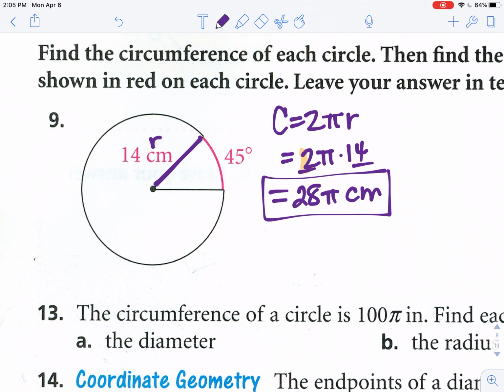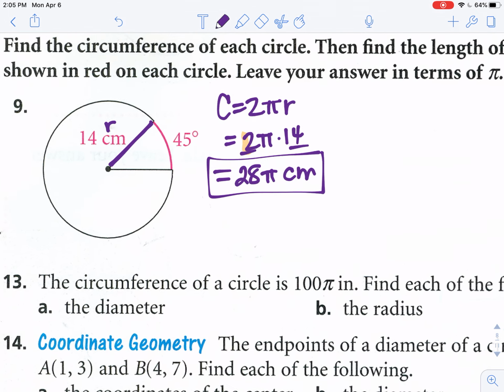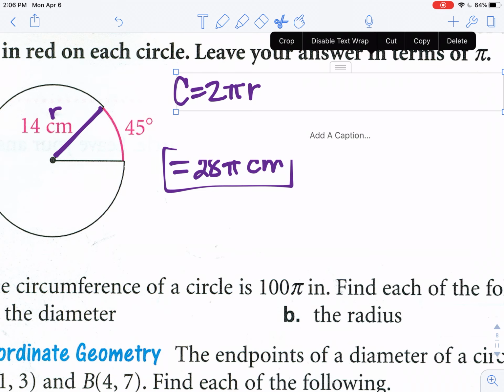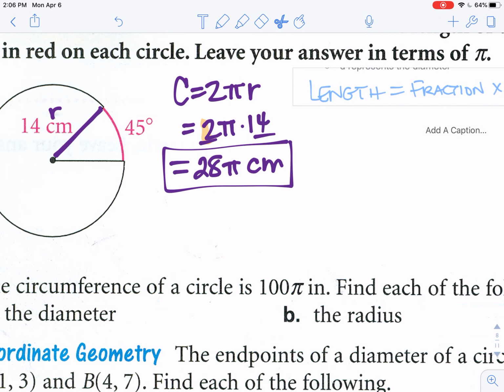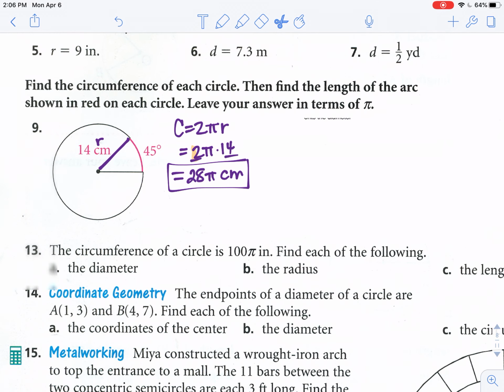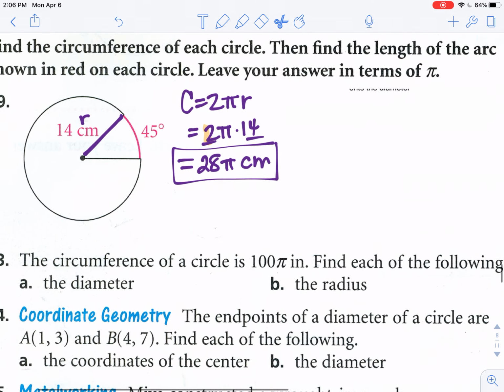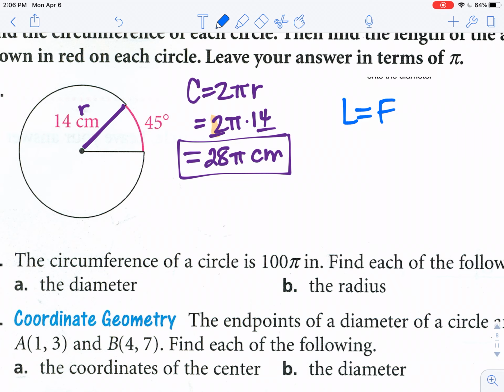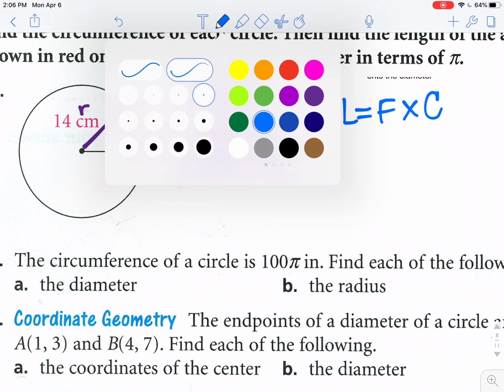The second part says to find my arc length. Now we remember that length equals fraction times circumference. There we go. Well, it's underneath there. Anyway, length equals fraction times circumference. I'll abbreviate it. Okay.